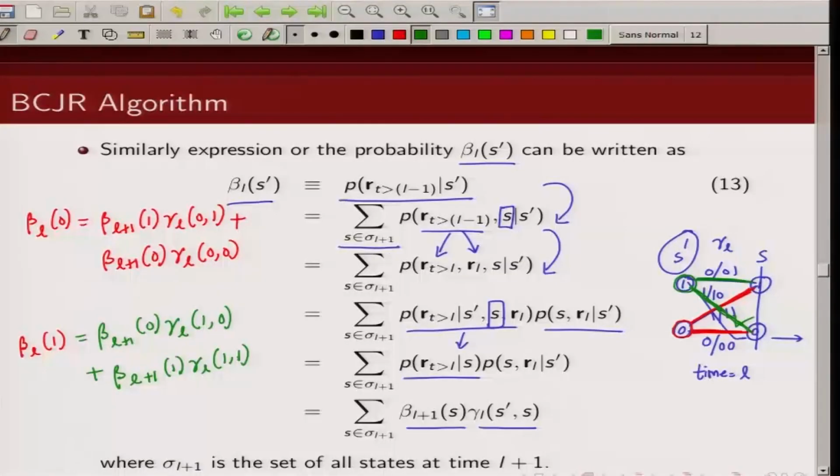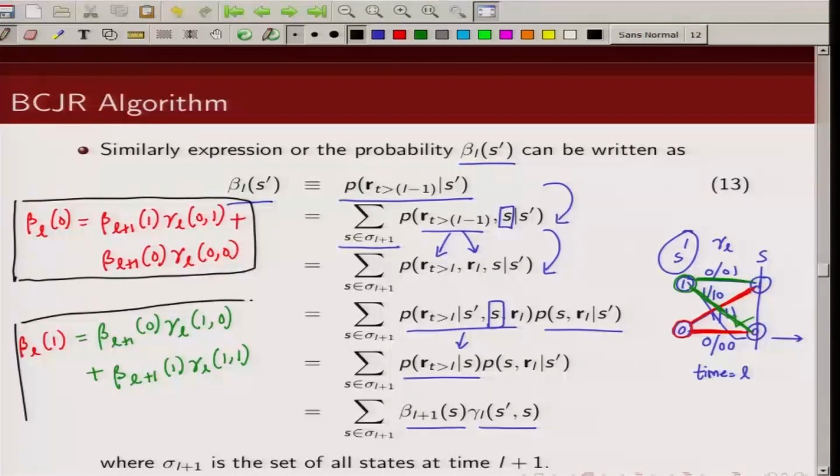As you can see, similar to the expression for alphas, these betas can be computed using backward recursion, whereas alphas can be computed using forward recursion. Then we would require the knowledge of beta at the end of the trellis. How do we know the values of beta?